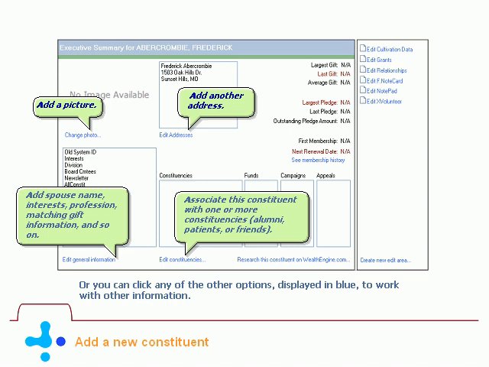Click Edit General Information to add things like spouse name, profession, matching gift information, or something else. Click Edit Constituencies to associate this constituent with one or more constituencies, such as alumni, patients, or friends. Or you can click any of the other options displayed in blue to work with other information.